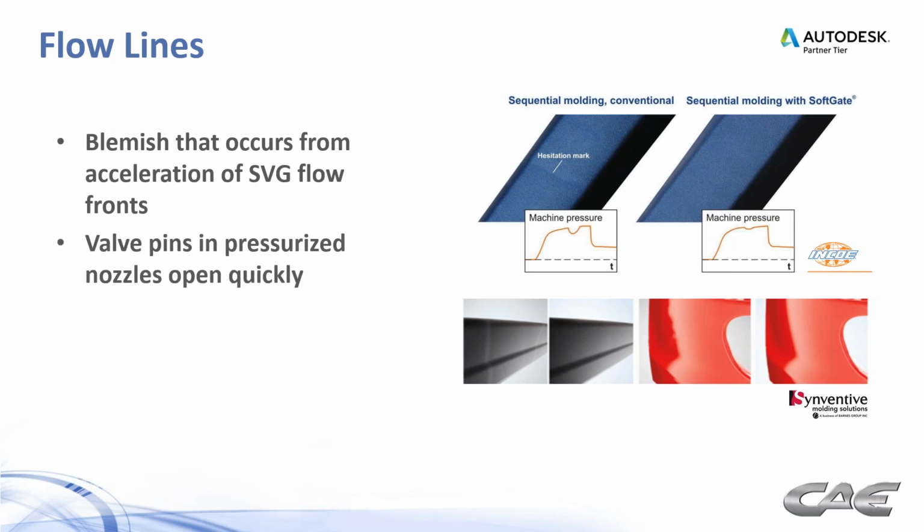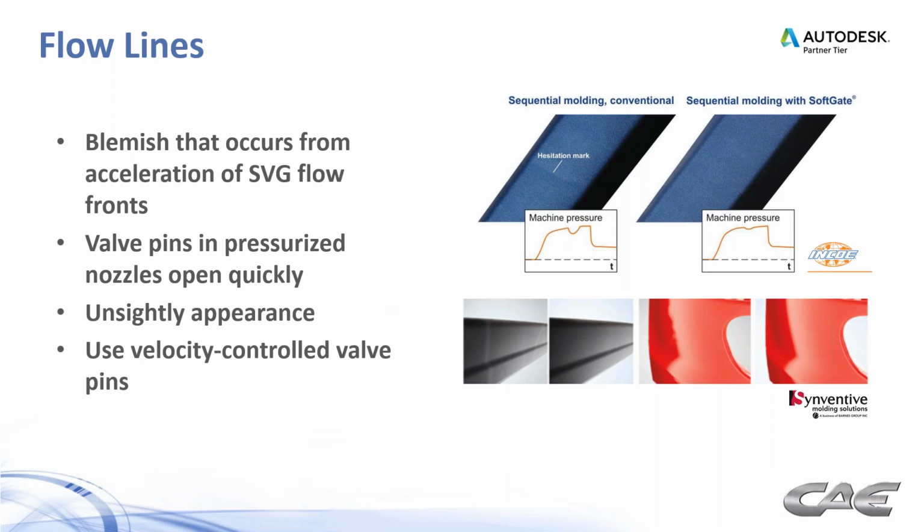So in standard valve pins, those nozzles are pressurized, and the valve pins retract very quickly and allow a rush of flow through those nozzles, and so it accelerates the flow front in those areas and causes this flow line. So the material starts to bunch up there, and then all of a sudden it takes off from that point forward, and you see a little bit of a flow line at the surface.